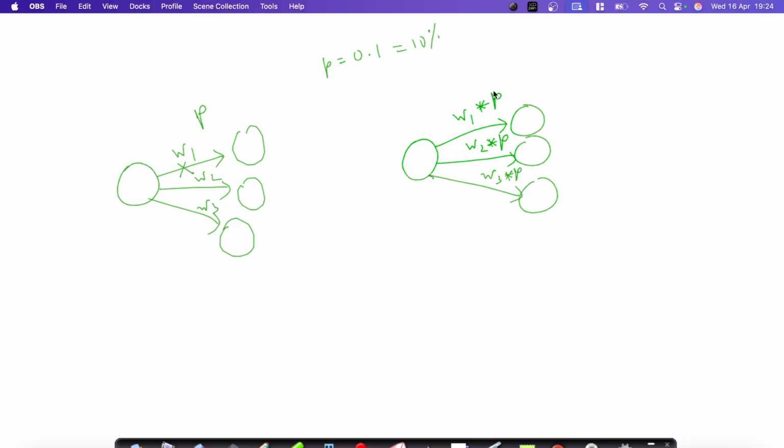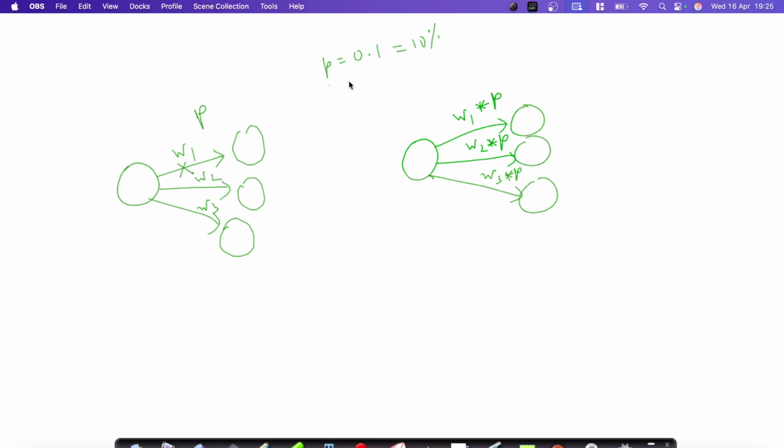Either way, you get the same result. We are simply weighting it. Similarly, W3 was present or not present in the training time 10% of the times. That is why we multiply it with P, just to make it balanced. It is kind of an average.